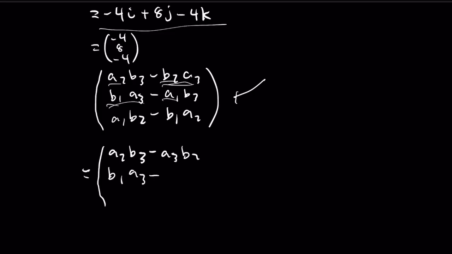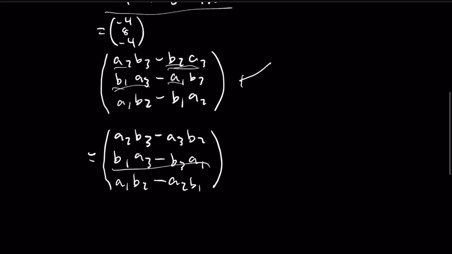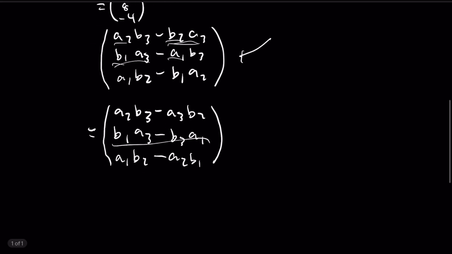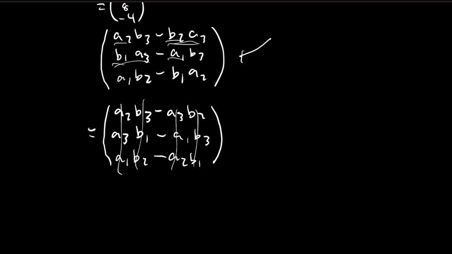And now we do the same for the other one, so it'll be b3 a1 and a1 b2 minus a2 b1. Actually, we should switch both of them around one more time. It should be a3 b1 minus a1 b3. So now all the A's are in one column, all the B's are in another column.